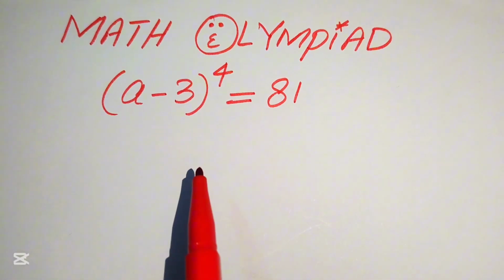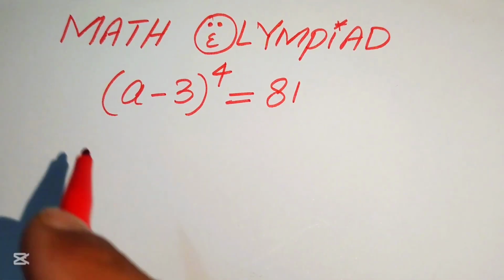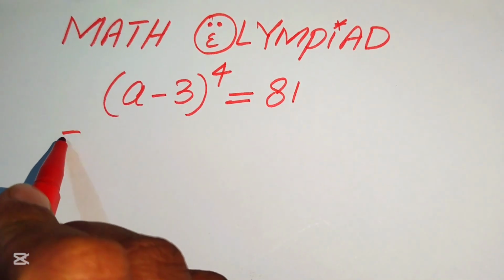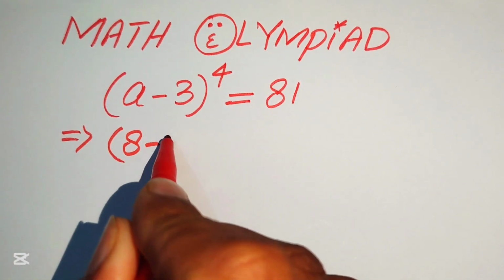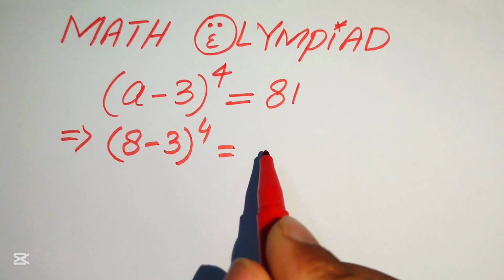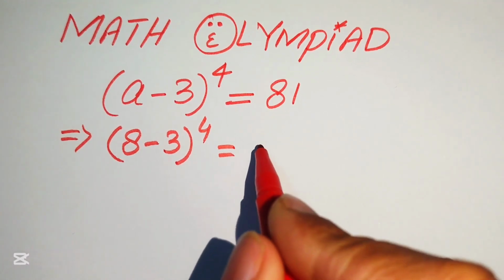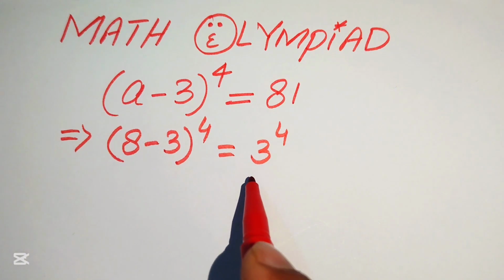The very first step we are going to do is to focus on the right hand side. In the right hand side we have 81, and we write it as (a - 3)^4 = 3^4.